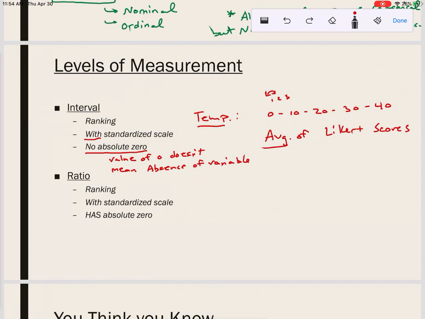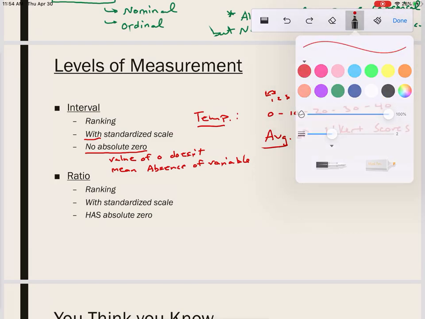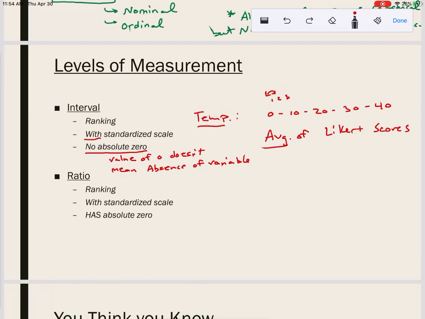And in this case, with an average, there would be a standardized scale. The differences between an average of 2 and an average of 3 are standardized, right? And there's also no absolute 0. You could hypothetically assess feelings of self-esteem with a Likert scale, and you could get an average of 0 for one group. But does that mean that there's an absence of self-esteem, an absence of an abstract entity? No, it just means that it's very low.